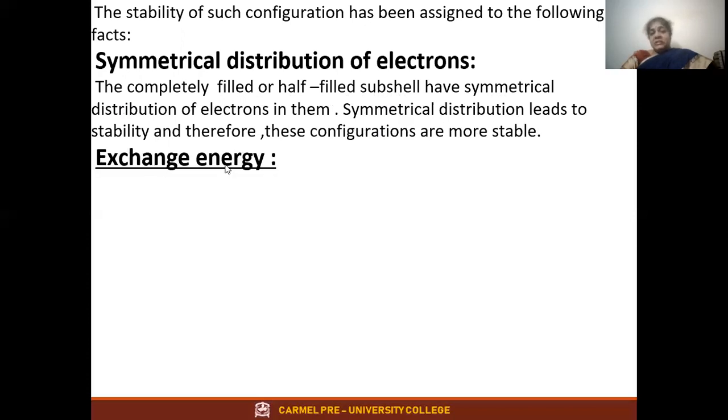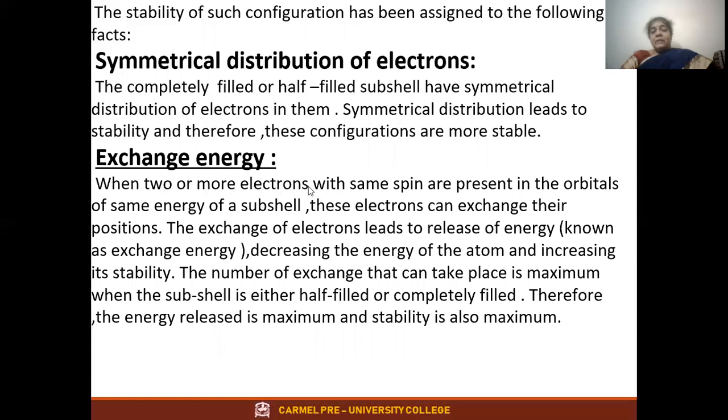Next, exchange energy. When 2 or more electrons with the same spin are present in the orbitals of the same energy of a subshell, these electrons can exchange their positions.